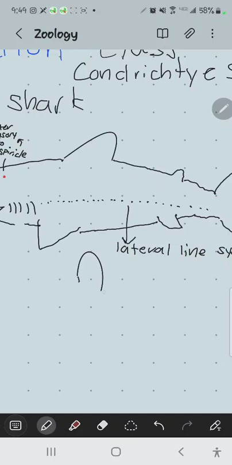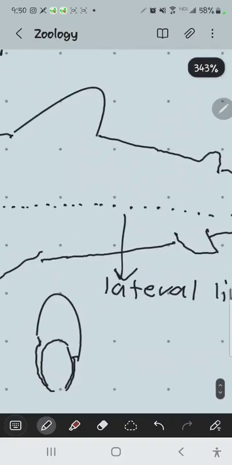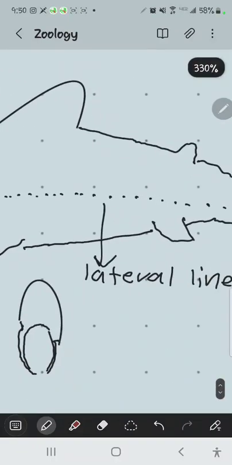So if you've ever gotten a fish steak, you know it looks something like this. This is where the guts would be, the intestinal tract, and then this is where the vertebrae is. You can see this in the tail of the shark.